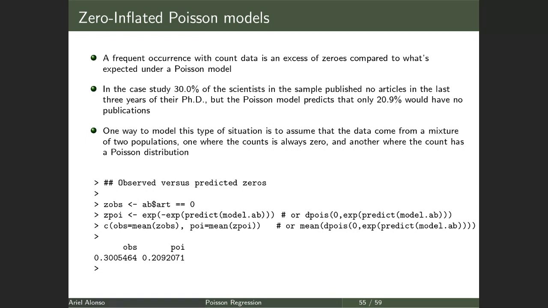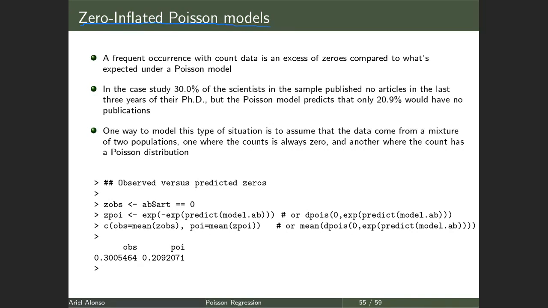And how can you deal with this? Well, a way to deal with this is to change the model, to use what we call a zero-inflated Poisson model. You assume that the data actually do not come from a Poisson distribution, but come from a mixture of two distributions, or a mixture of two populations.